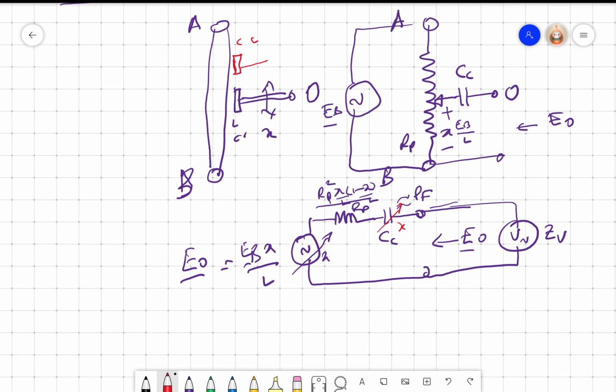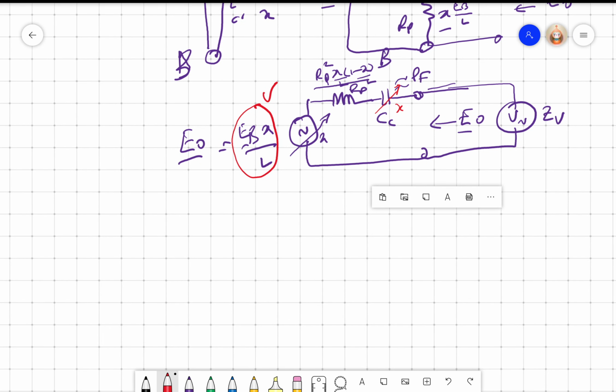We use a signal conditioning circuit which would eliminate the effect of Cc on the output. That is, I get an output which is independent of Cc. Cc does not affect my output. I get an output only proportional to this. Is it possible to do that? Yes. In fact, there are several solutions.